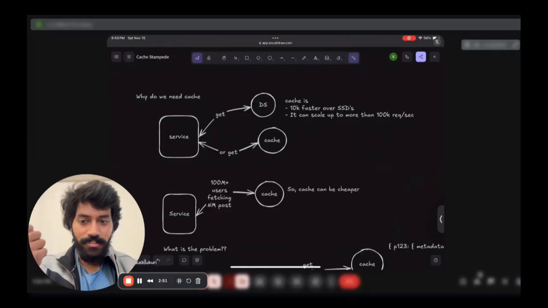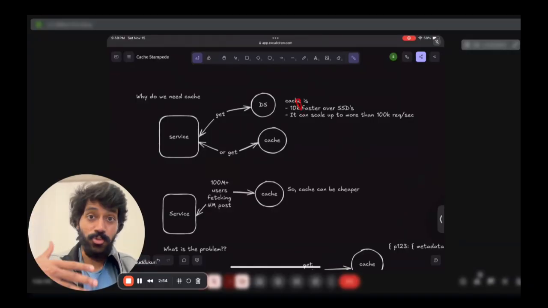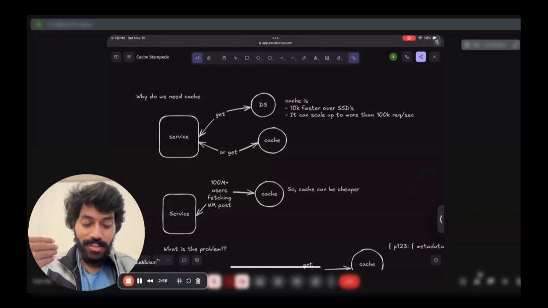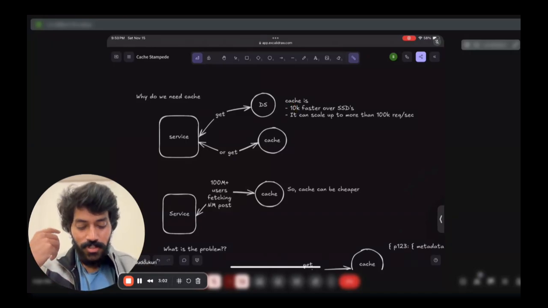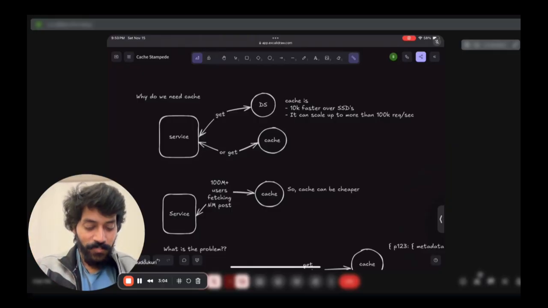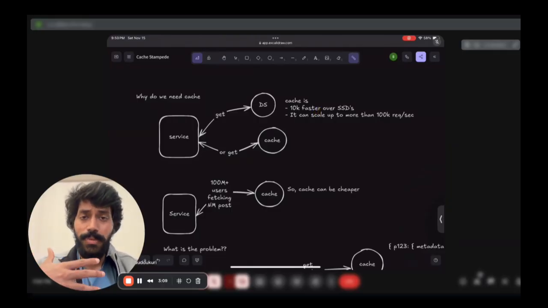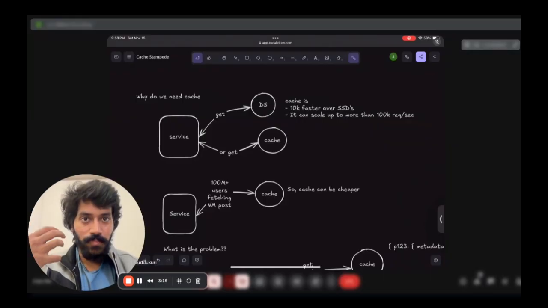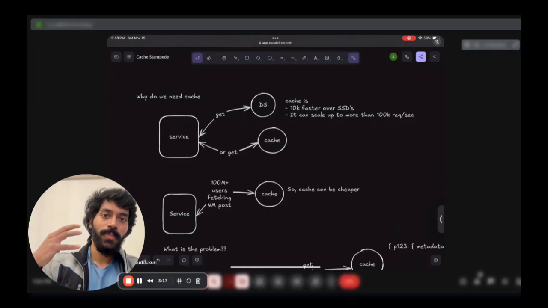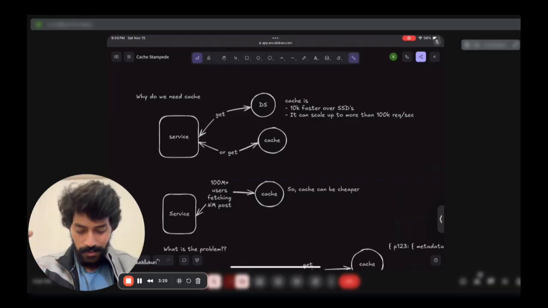Pretty simple: cache is super fast. How much faster? Cache is about 10,000 times faster than your SSDs or hard disks. Reading from cache is super easy, and it can scale up to 100,000 requests per second easily. Because of these reasons, having a cache is always the best solution when you want to scale the system.